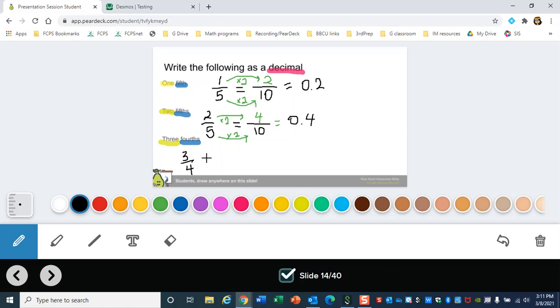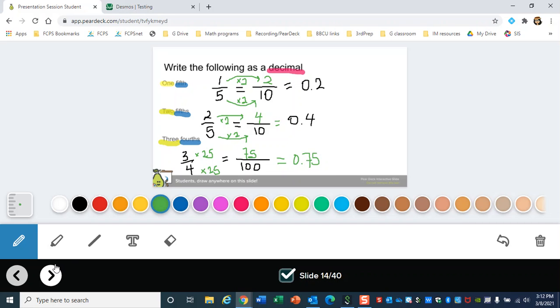And then the denominator is 4, and you cannot make 10, but we know 4 times 25 is 100, so you can make the denominator 100. And then how do you make 4 to 100? 4 times 25 is 100, so 3 times 25 will be 75. And now this fraction has a denominator of 100. This will be 0.75.